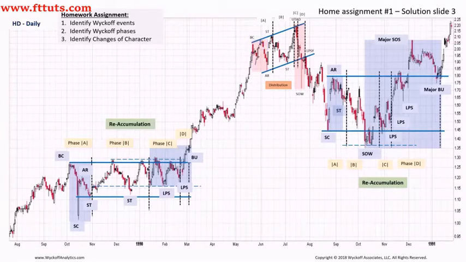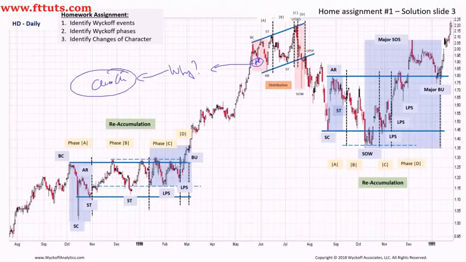But it wouldn't make sense to me at all to label this as an automatic reaction. Why? Because an automatic reaction should contain a change of character. Is this a change of character? No. This is in line with the previous reaction that we see. A change of character has come right here. So therefore, just based on this, this is going to be our automatic reaction.